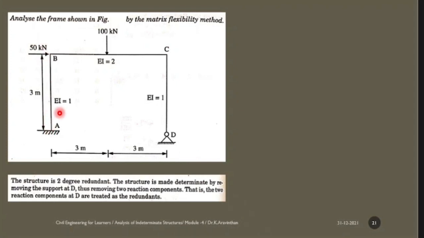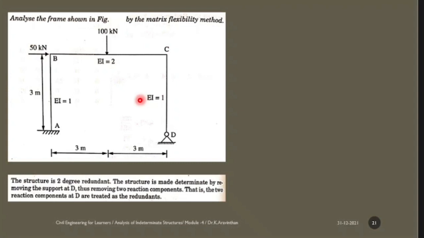Span AB has EI, BC has 2 EI, and CD has EI as 1. Okay, first you have to find the redundancy, and here this structure is redundant up to 2 degrees. So you know the formula.